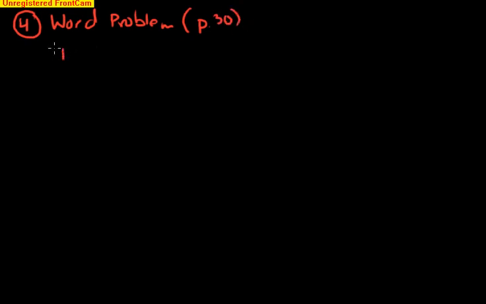So we have 2 summer jobs. Job 1: you make $9 an hour, and you worked for 18 hours.